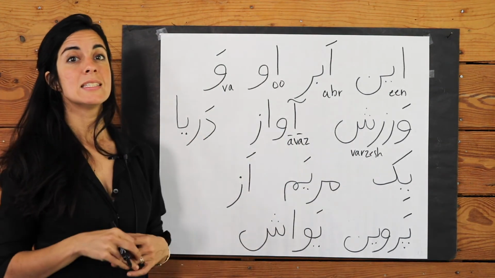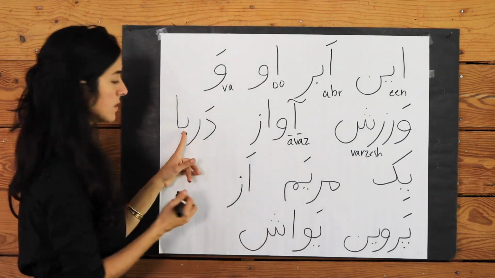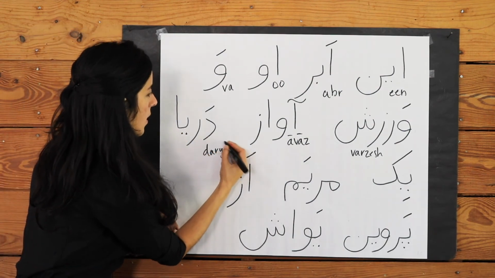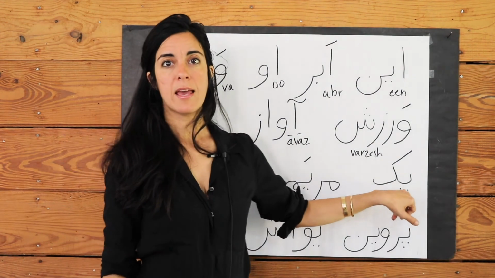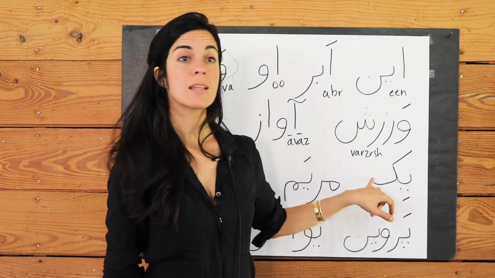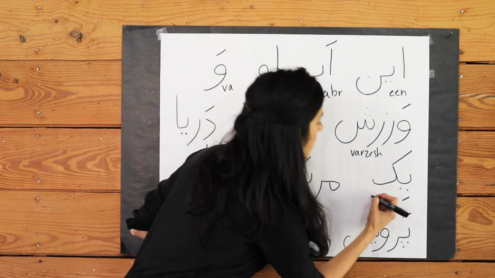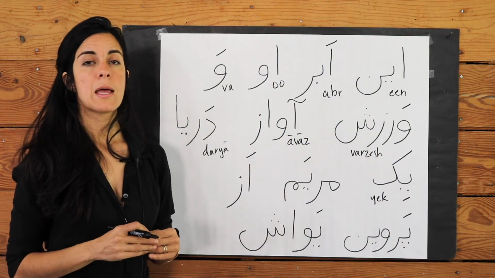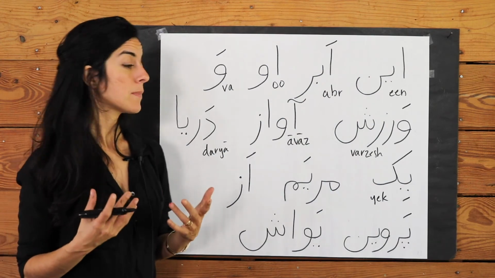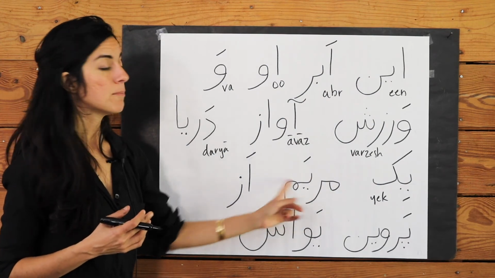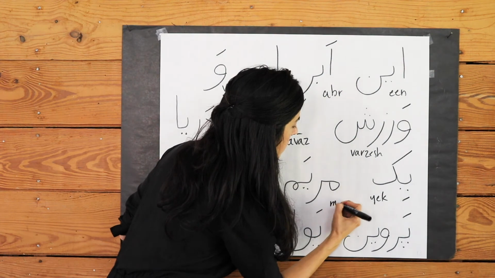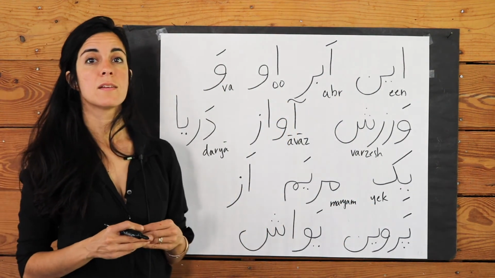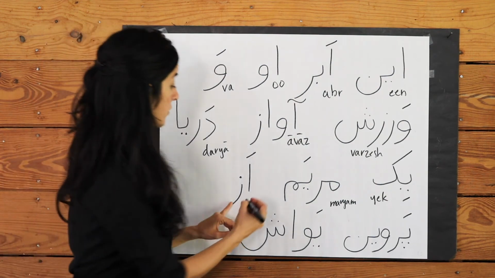This is darya. So this becomes a ye, darya. Ye with an accent, yek, and that means one. This is Maryam. That's a ya. Maryam, very popular girl's name. This is as, which is a very popular word.